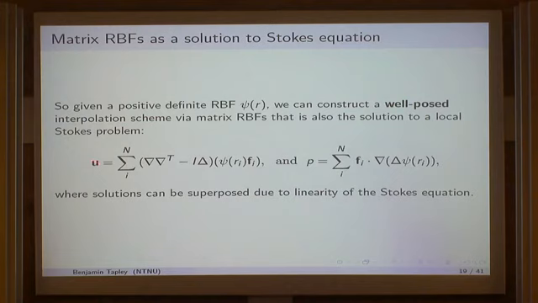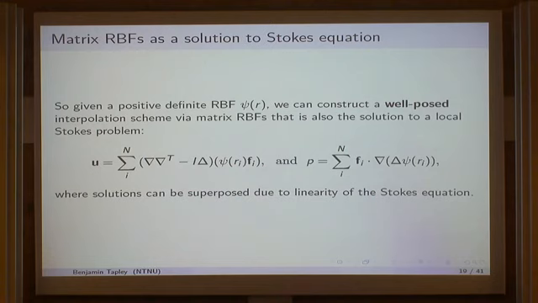So here I've just written this regularized Stokes solution in terms of these radial basis functions. I've just substituted psi for B, and this is the resulting pressure term. And then of course we can superpose these solutions due to linearity of the Stokes equation.